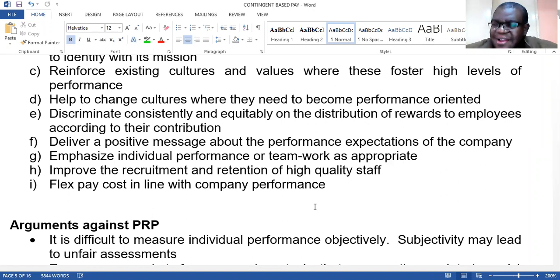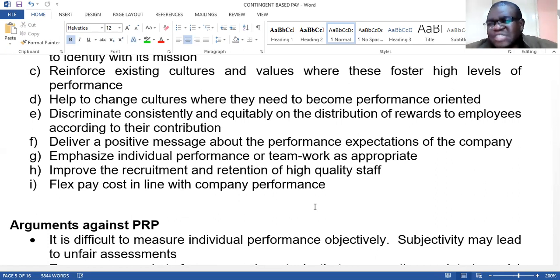When we are out there competing to recruit and to retain talent, high performers are driven when there is a performance-related pay scheme as part of our reward system. Ultimately, when we do have a performance-related pay scheme, the pay is flexible based on performance.